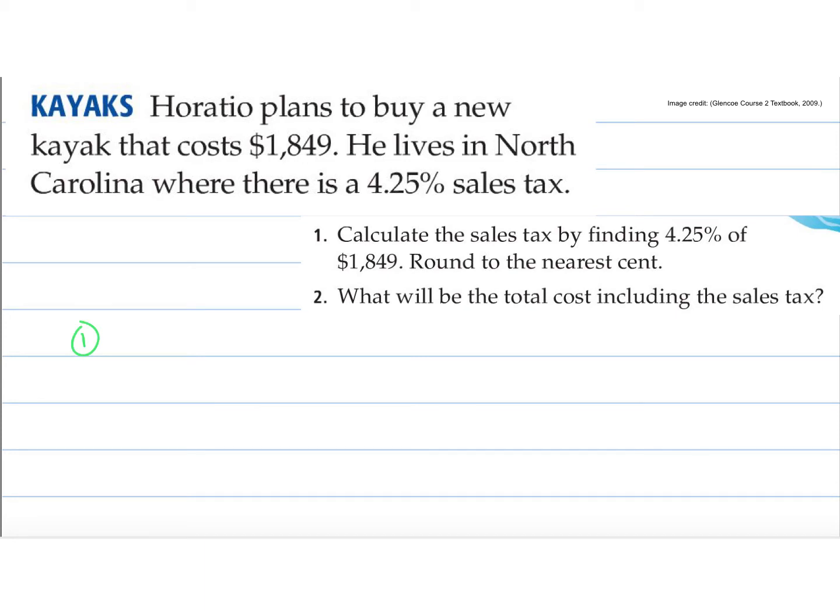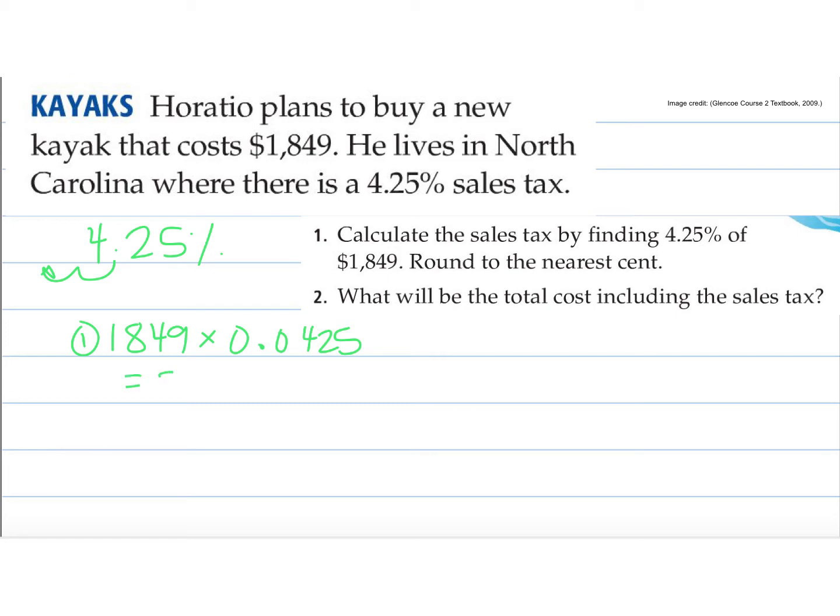So I'm going to take my 4.25%, turn that into a decimal, 2 to the left. So now we're going to take $1,849 times 0.0425. Put my calculator here and see what that equals.